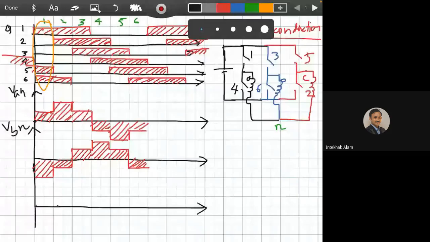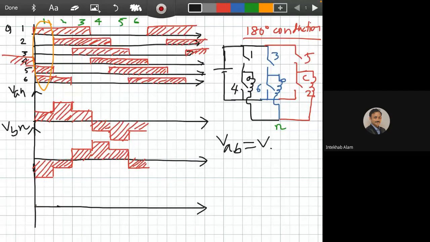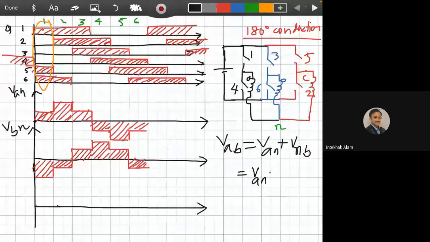So if we want to draw the output voltage VAB, we can write VAN plus NB, or we can write the equation in this form. Do you agree? Yes, sir. Okay. So now we'll write the values. I'm just deleting the circuit.